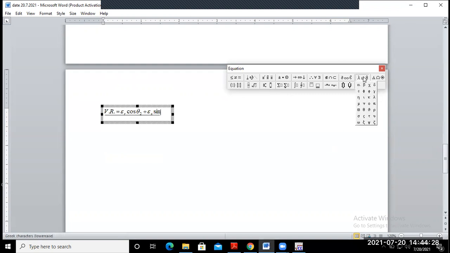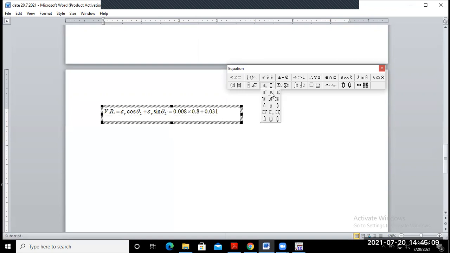Now put the value of resistance and reactance in per unit. VR equal to 0.08 into cos theta 2, that means 0.8, plus 0.031 into sin theta 2. What is the value of sin theta 2? 0.6.